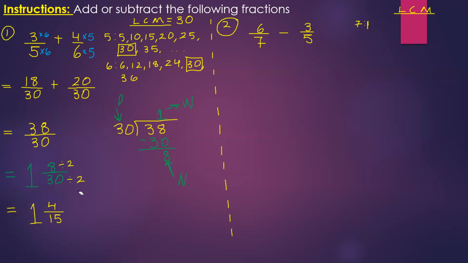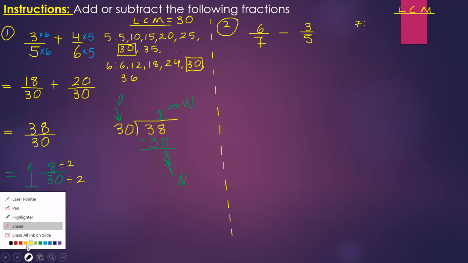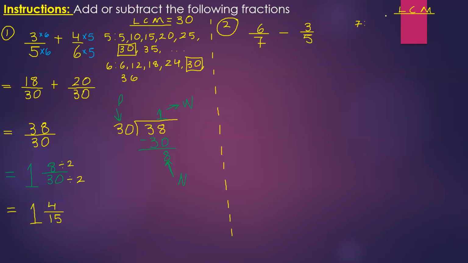Okay, so 7, 14, 21 times 4, 28 times 5, 35 times 6, 42 times 7, 49.